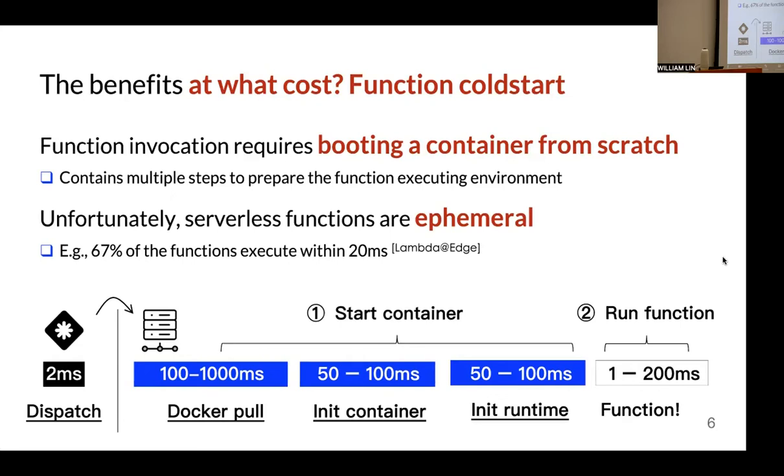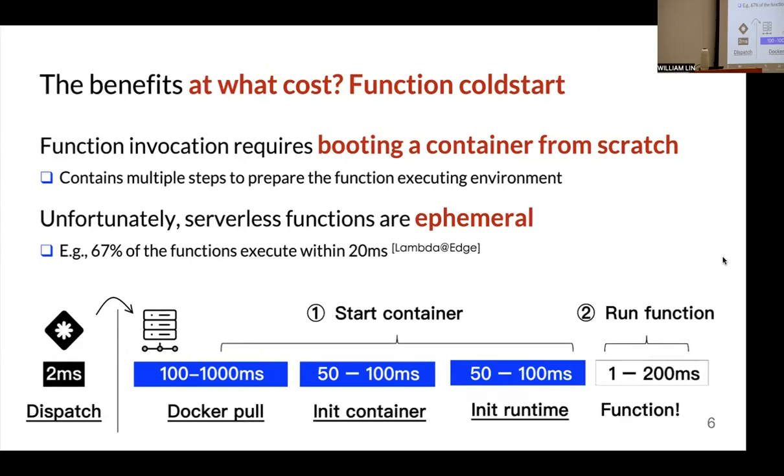initializing the container environment by calling all its primitives, including cgroups and namespaces, and initializing the language runtime that is necessary for running functions written in managed languages, for example, Java and Python, which turn out to be popular for serverless functions.